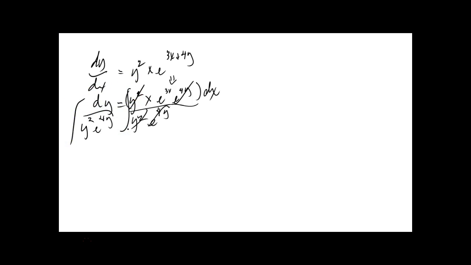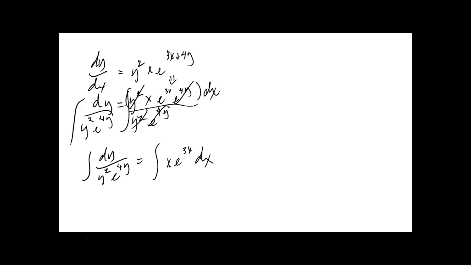Let me clean it up, make it a little nicer. The integral of dy over y squared e to the 4y is equal to the integral of x e to the 3x dx. Like I was saying before, this is not pretty.